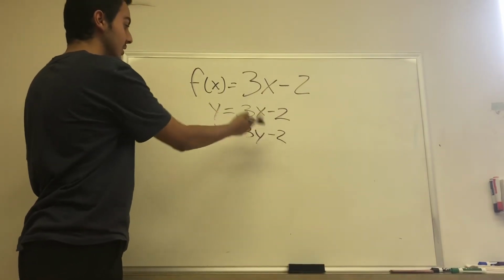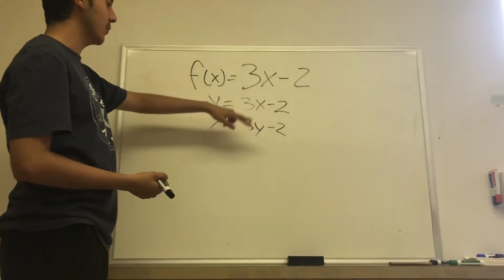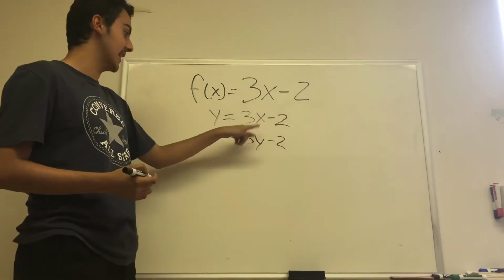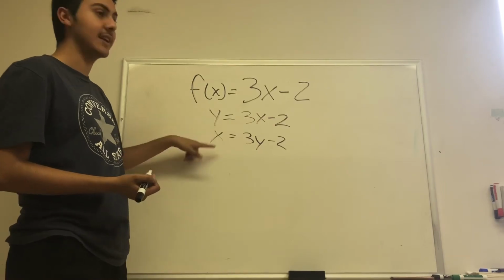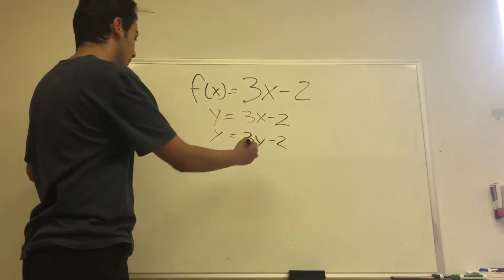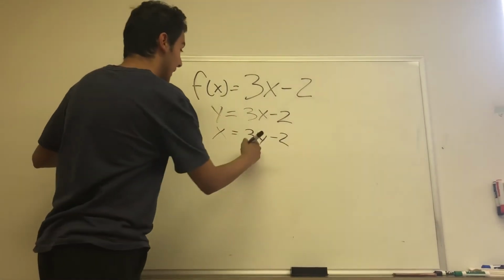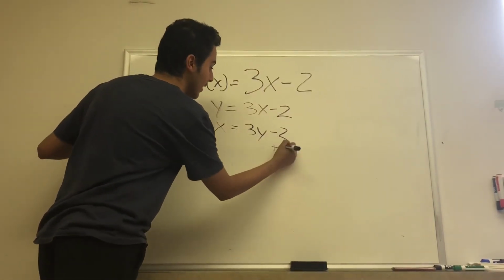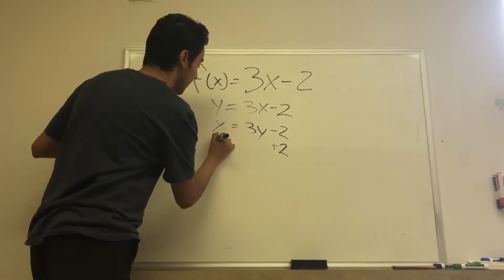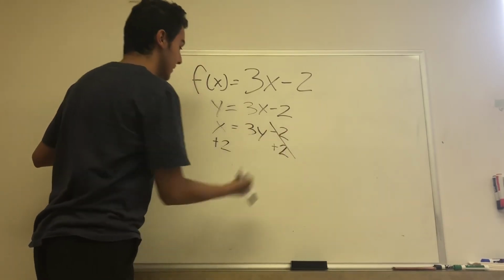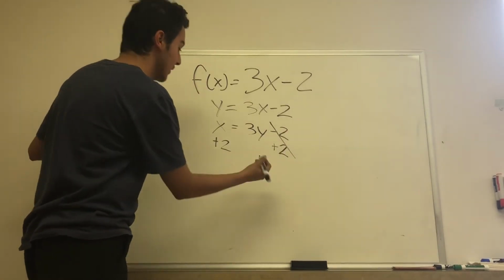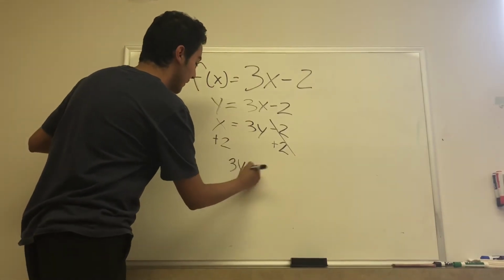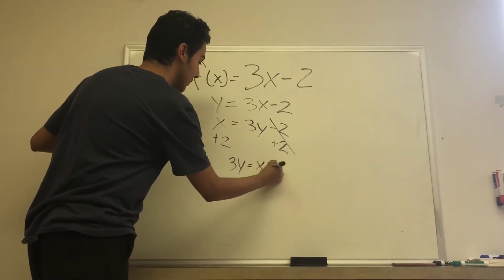Basically, we just switch the variables, which in this case is x and y, and in this case is y and x. And after that, what we're trying to do is get 3y by itself in order to get y by itself. So we will add plus 2 on both sides, and this crosses out, leaving us with 3y equals x plus 2.